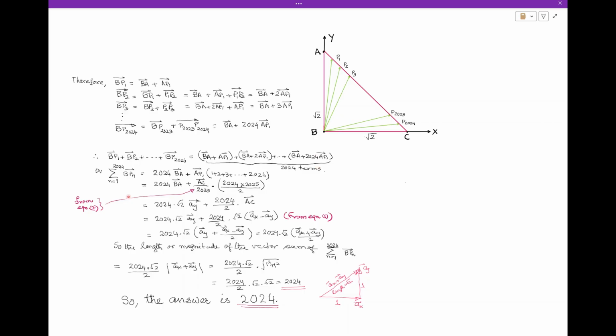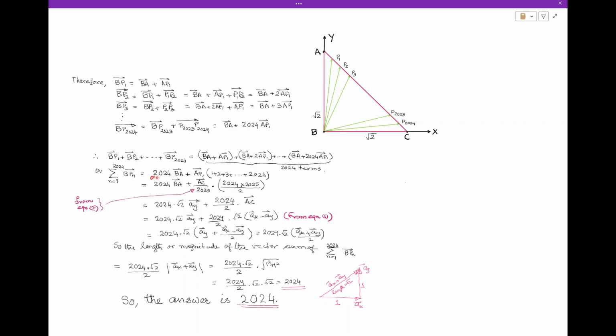So we can write in shorthand, summation of BPn vector, n varying from 1 to 2024, is equal to 2024 BA, because there are 2024 terms, and from each term one BA vector is present.